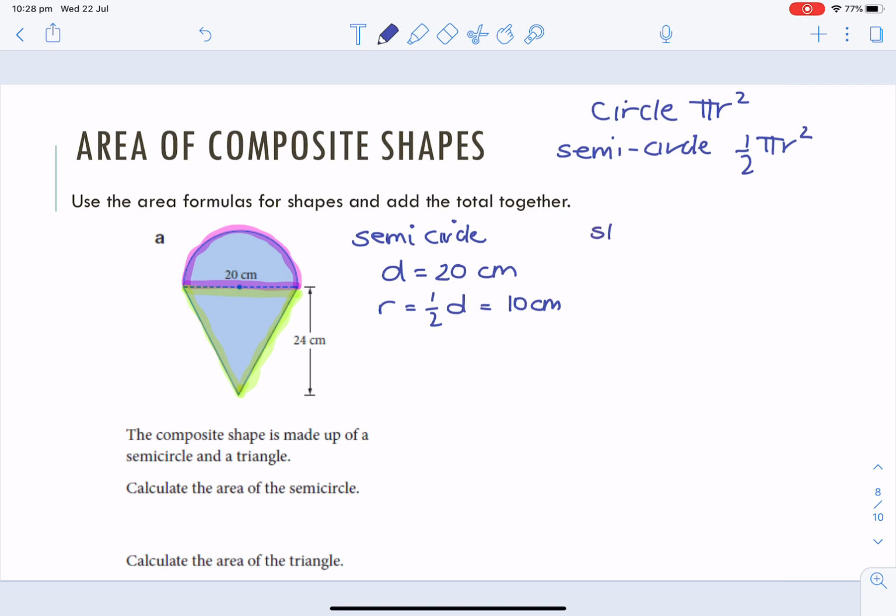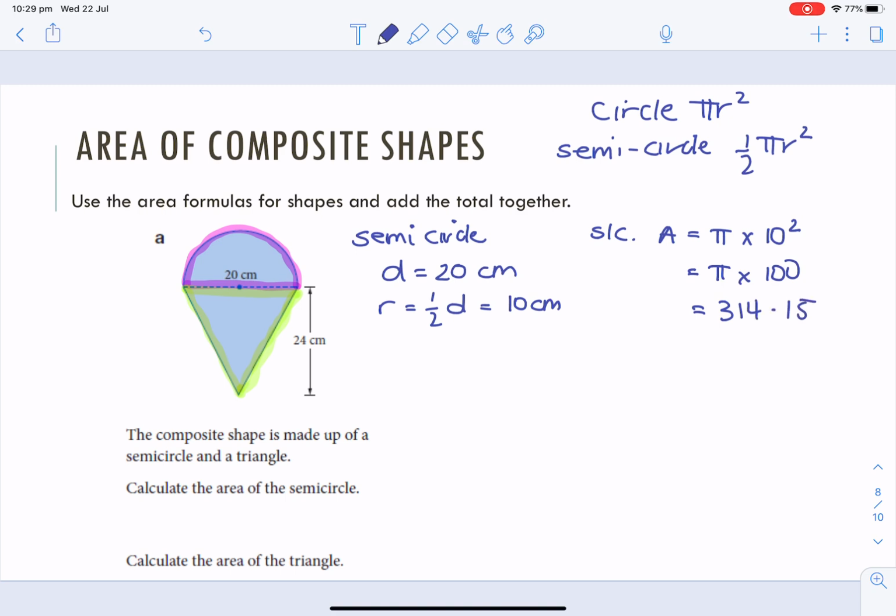So my semicircle, I'm going to use shorthand there. The area is equal to pi times, what's my radius again? 10 squared, which is pi times 100, and that's 314.15.